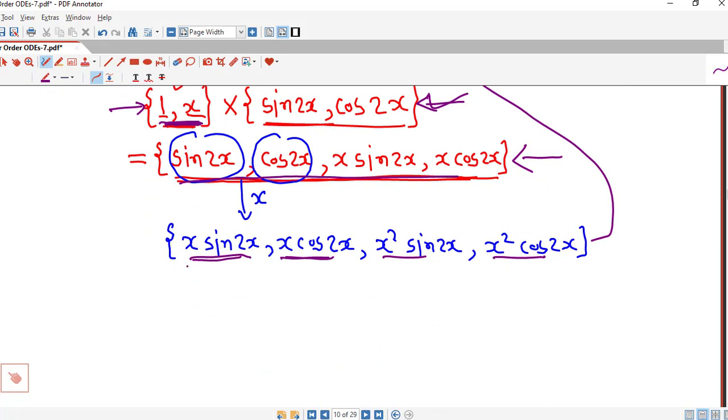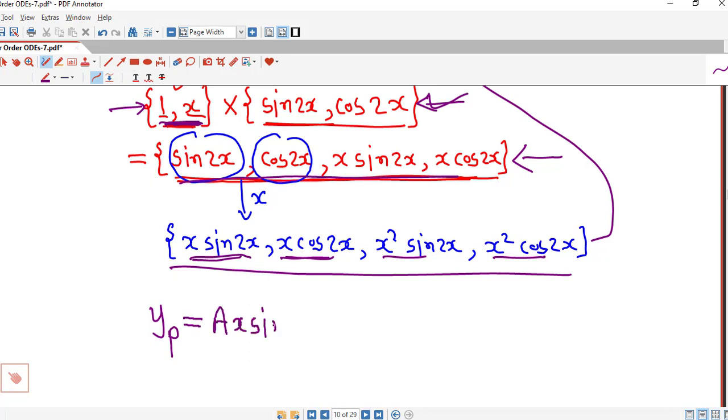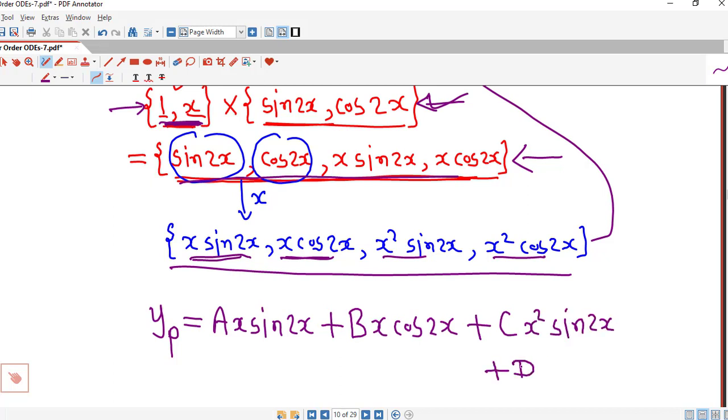So now this is our modified family, and our particular integral will be in this form: a into x sin 2x plus b into x cos 2x plus c into x square sin 2x plus d into x square cos 2x.